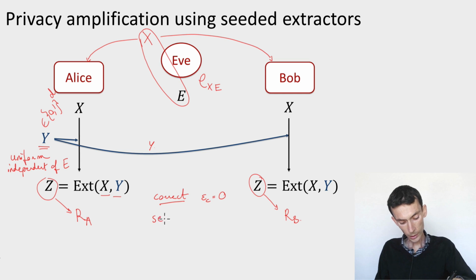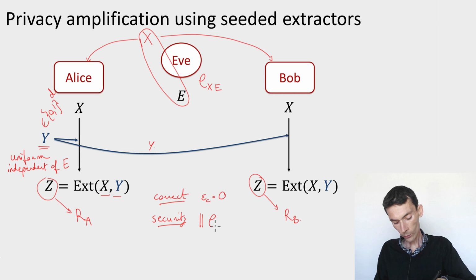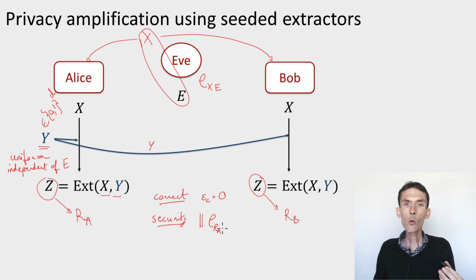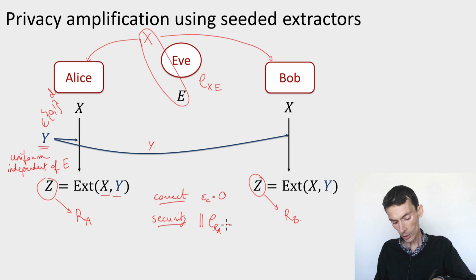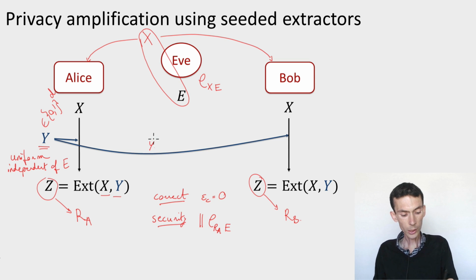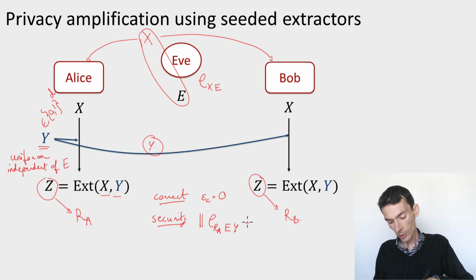And now the security for privacy amplification was that the trace distance between the joint state of the output, RA, and all the side information that's available to the eavesdropper, meaning the initial side information E plus the public communication, which here contains the seed Y, should be close to a state that's uniformly distributed for the key, the output of the procedure, tensor product with the side information.